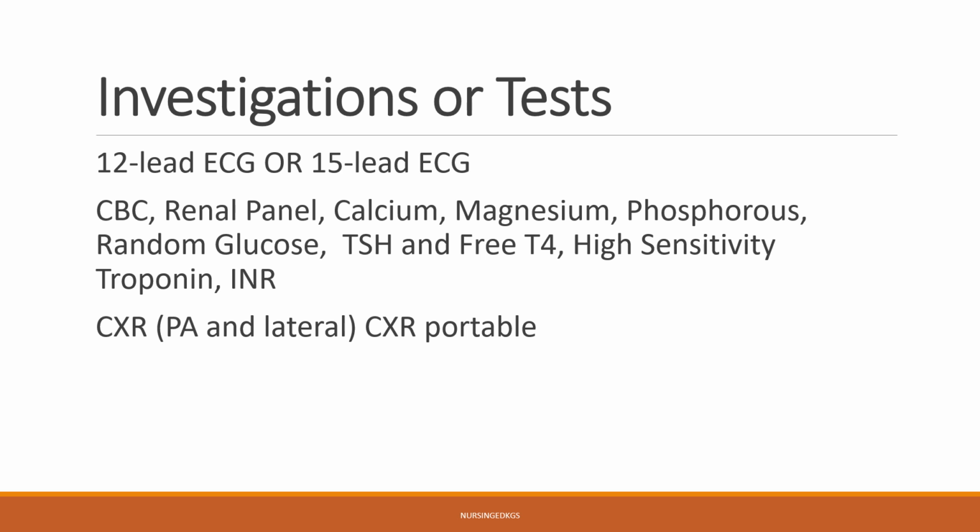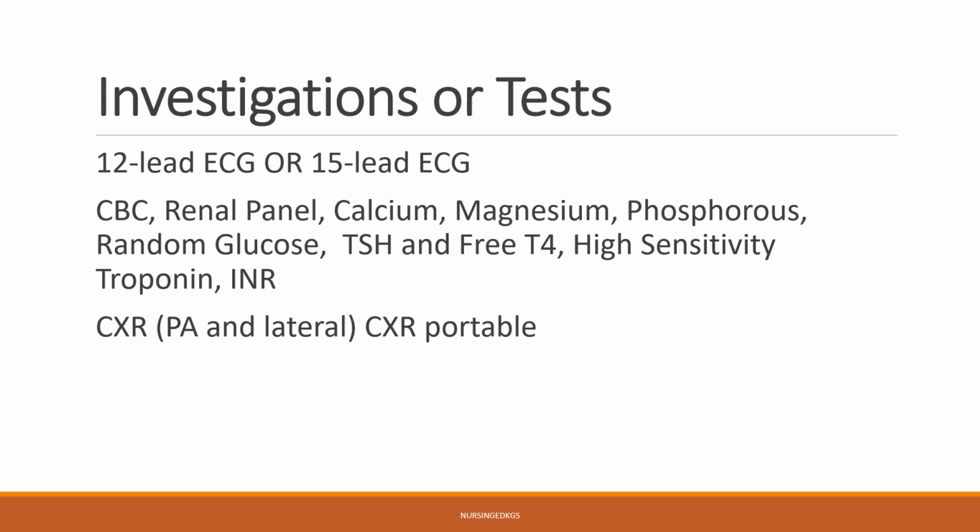Now, in addition to these two tests, the physician will normally order some blood tests. For example, your electrolytes, because potassium, magnesium, calcium imbalances can either precipitate or exacerbate atrial fibrillation, and so we do want to know what your values are so that you can be treated.